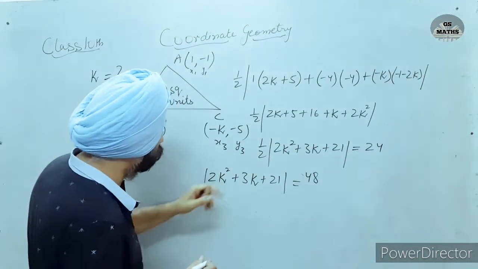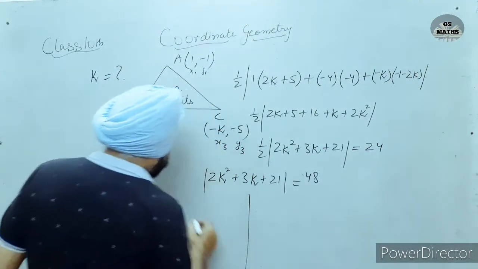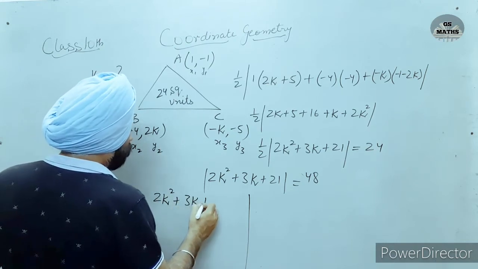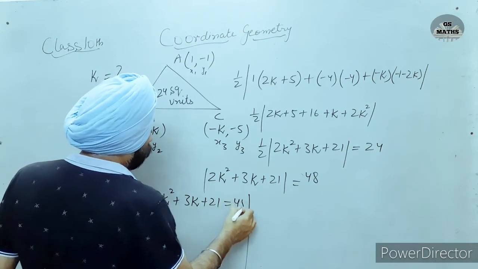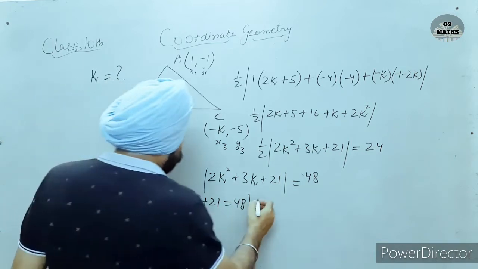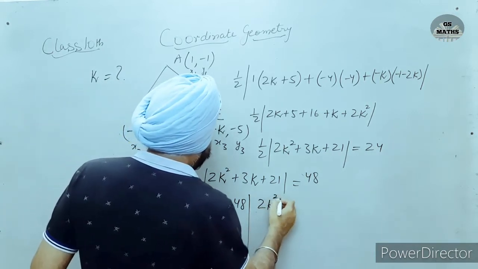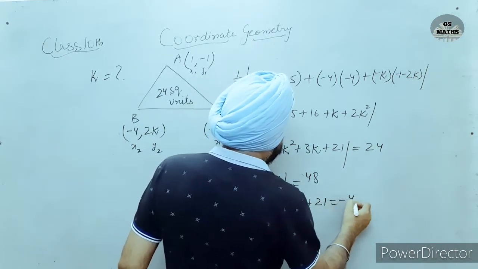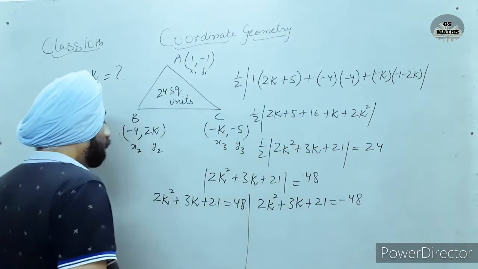So what we have to do is, there are two equations. First one is 2k square plus 3k plus 21 equals 48, a positive sign as it is, or 2k square plus 3k plus 21 equals minus 48.